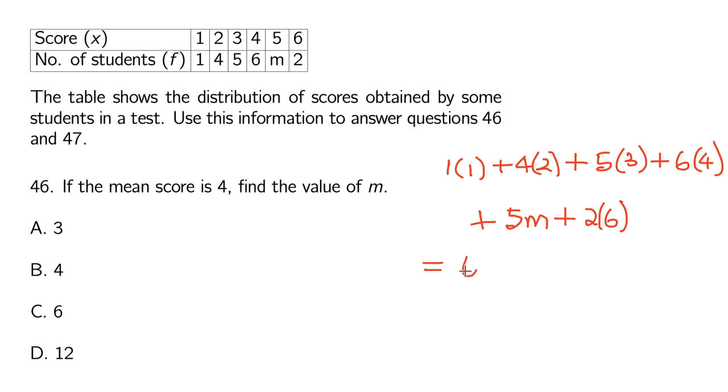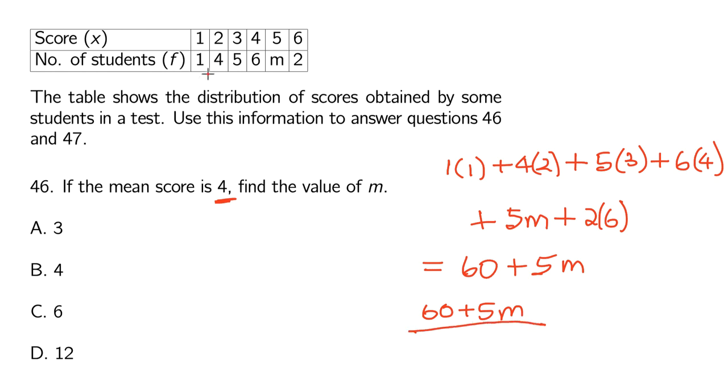Now when we divide this 60 plus 5m by the total number of students, he says we get 4, which is the mean. So let's write that 60 plus 5m over the total number of students.